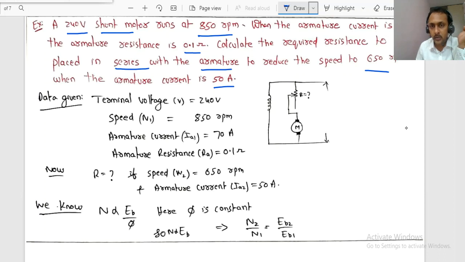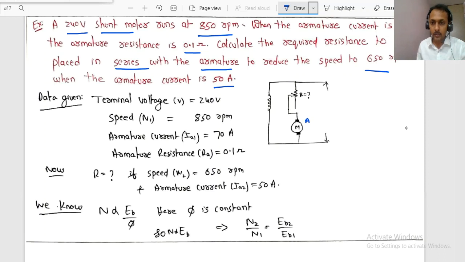What he is asking is simply what should be the value of this resistance, so that the machine, already running at 850 rpm, should now be brought down to 650 rpm. What should be the value of this resistance to be added?